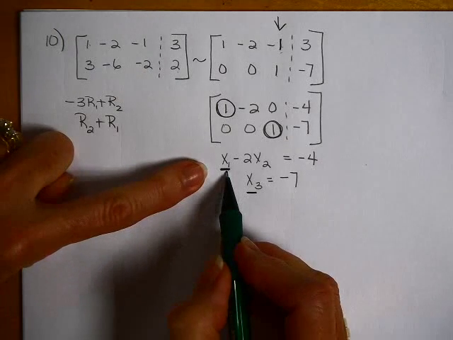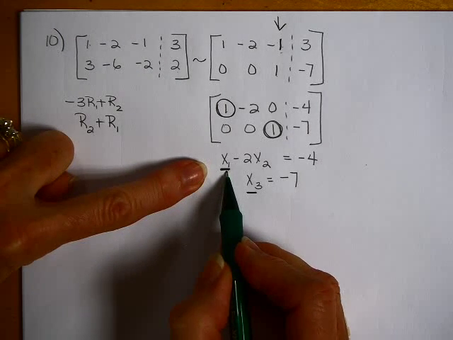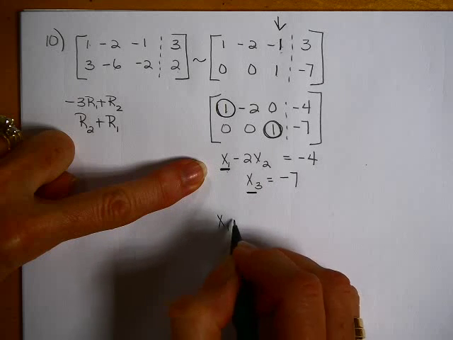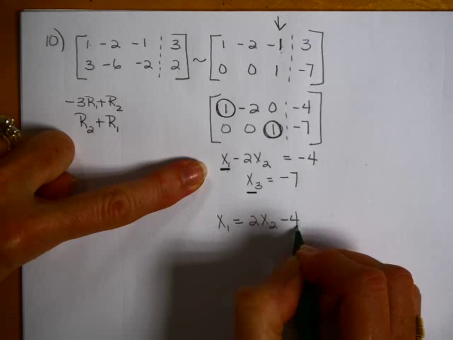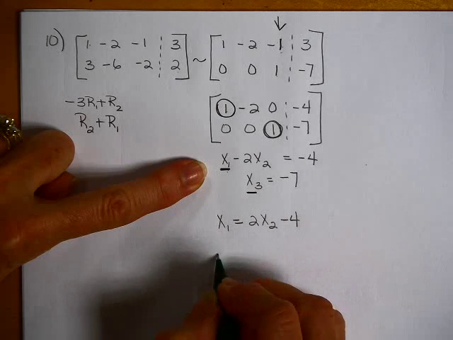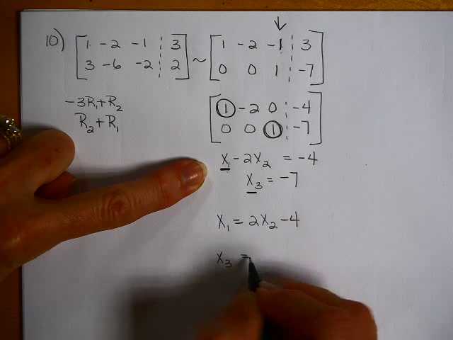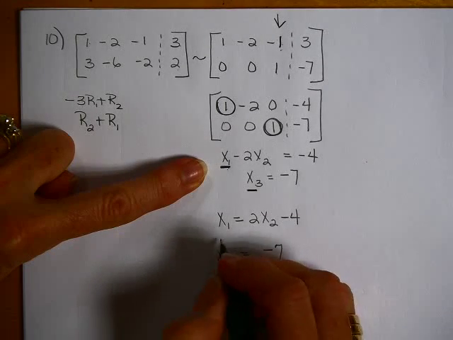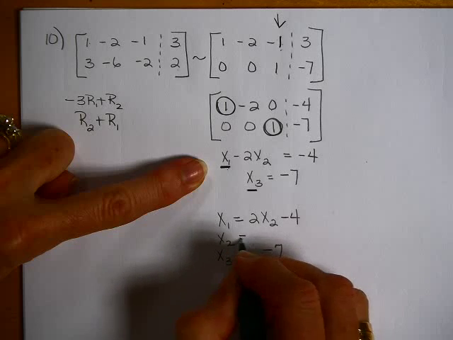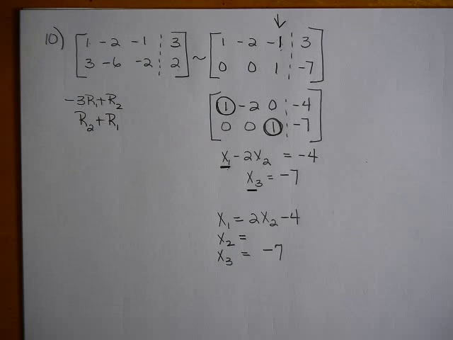So I need to rewrite this one, x1 equal to. So x1 is equal to 2x sub 2 minus 4. X sub 3 is equal to -7. X sub 2 has got to equal something. What is it?